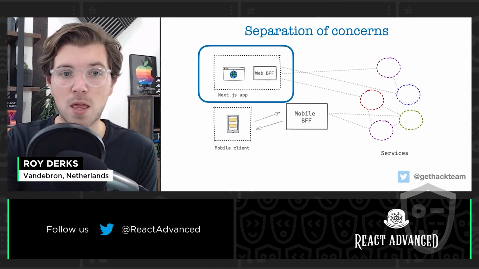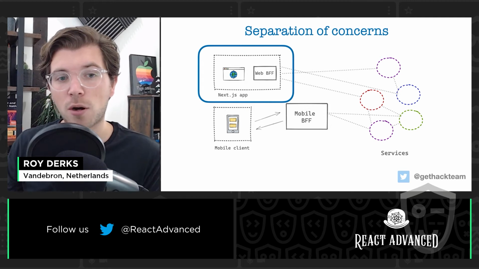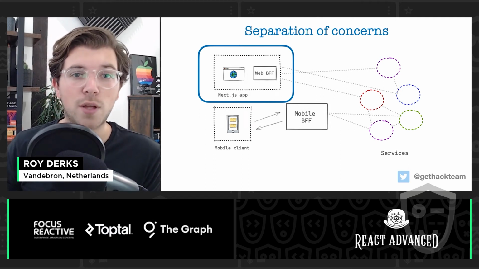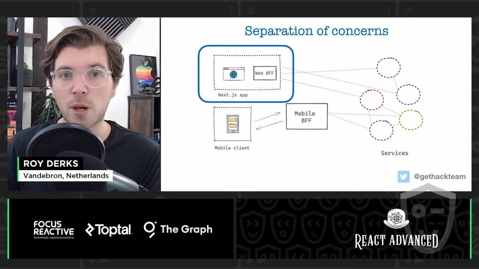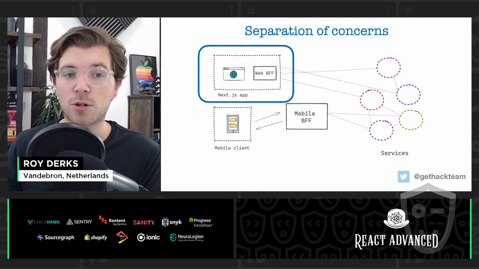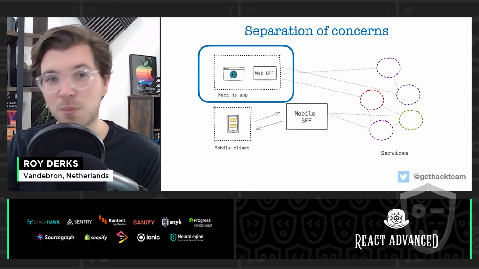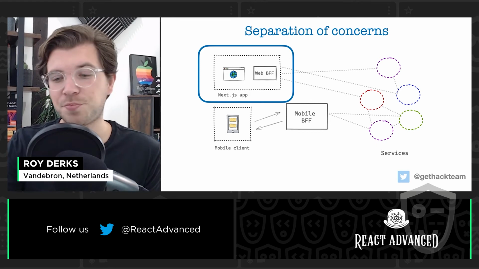And of course, we will still have the separation of concerns, because if you are planning to have multiple BFFs, multiple backend for frontends, then the web people are responsible for what happens in the web BFF, and the mobile people don't have to worry about it, as long as they're not building their mobile application with Next.js, which is indeed possible with React Native, but that's a whole different discussion.